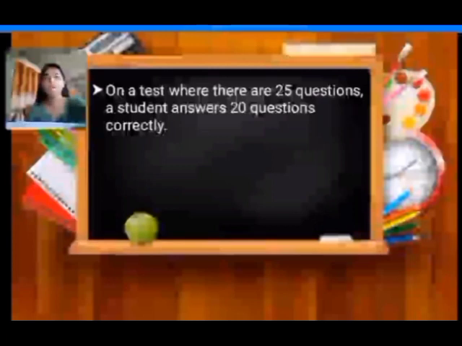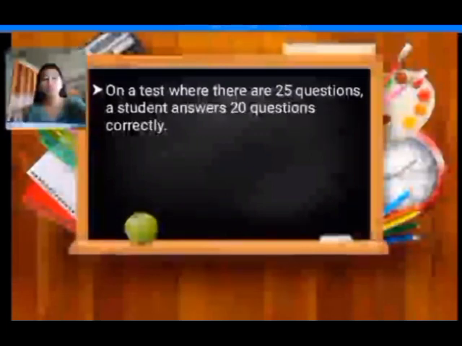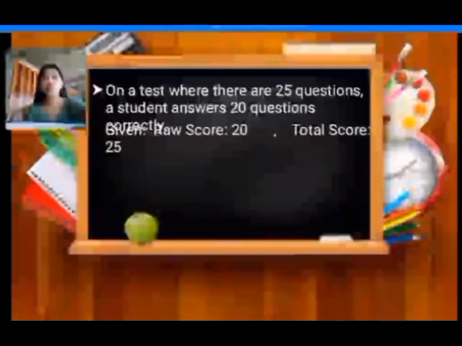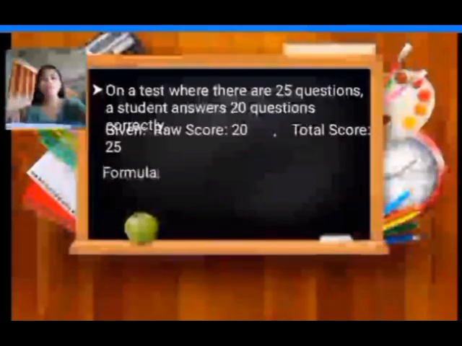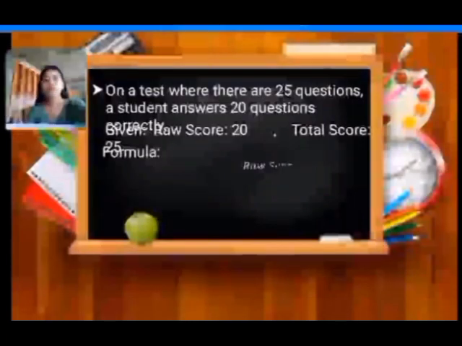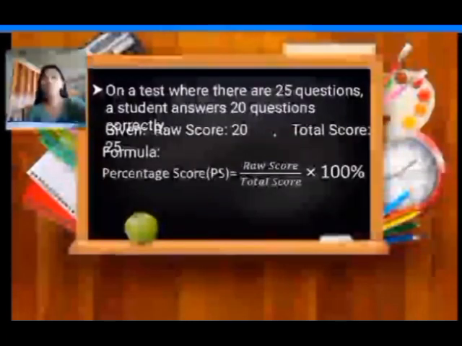Let's have some more examples. On a test where there are 25 questions, a student answers 20 questions correctly. So the raw score here is 20 and the total score is 25. The formula: percentage score is equal to raw score over total score times 100%.